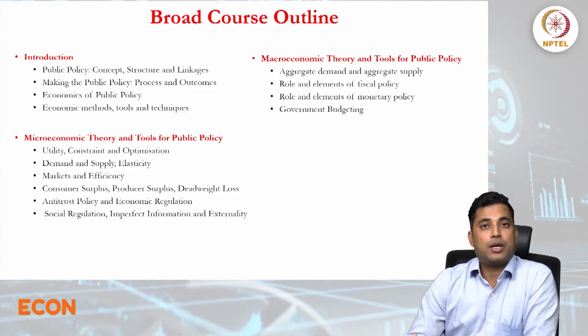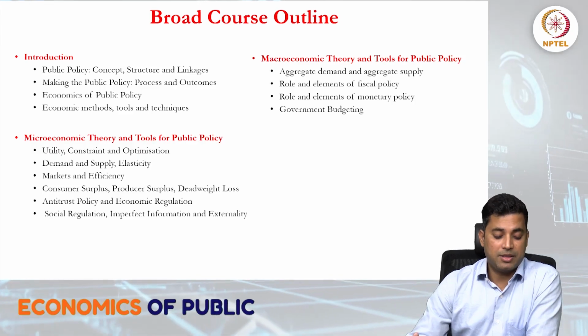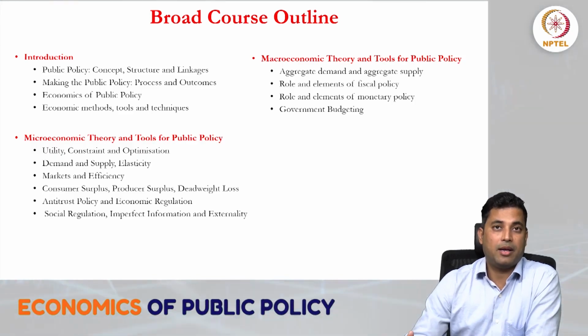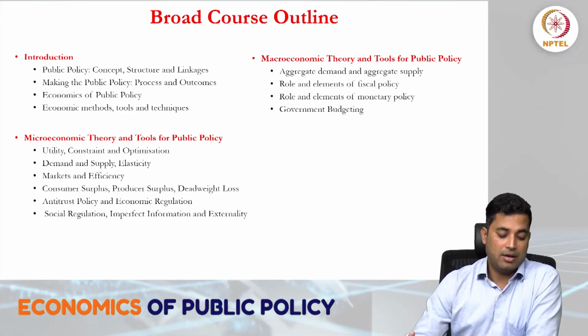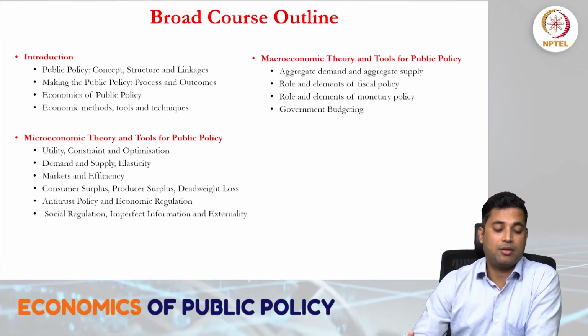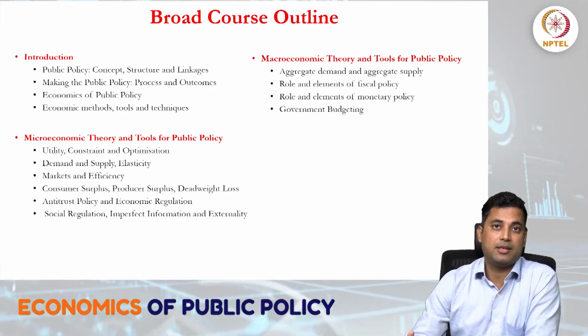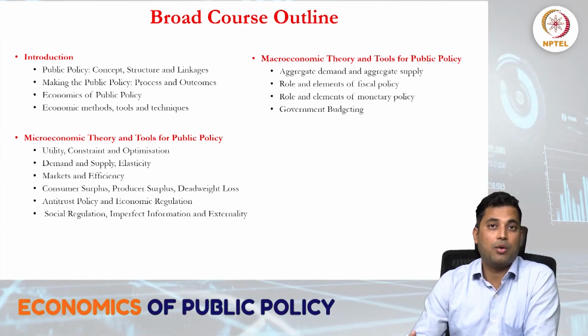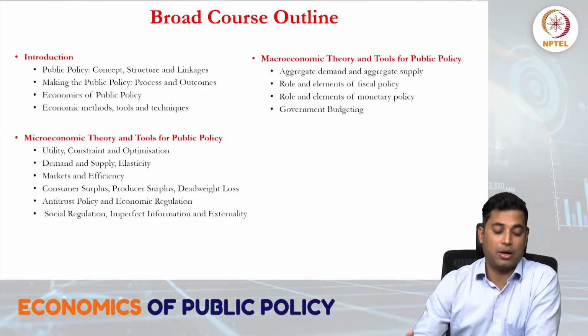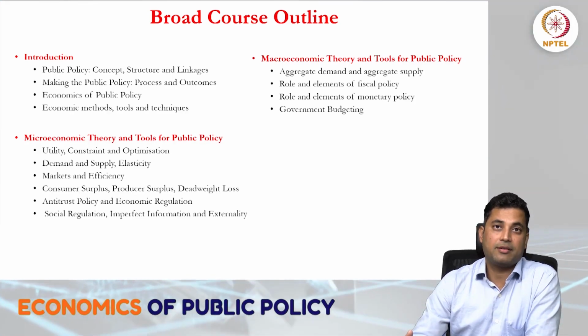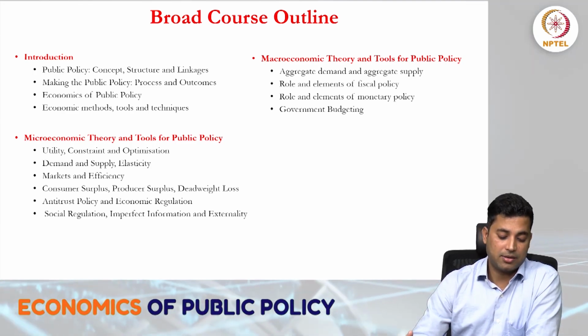Next we'll move to the concept of market, because demand and supply interact with each other in the market, and there we'll try to understand the efficacy and how efficiently resources can be allocated in various market structures.